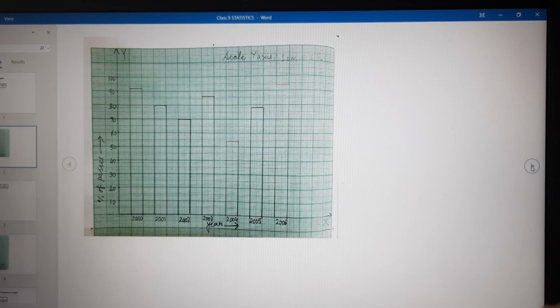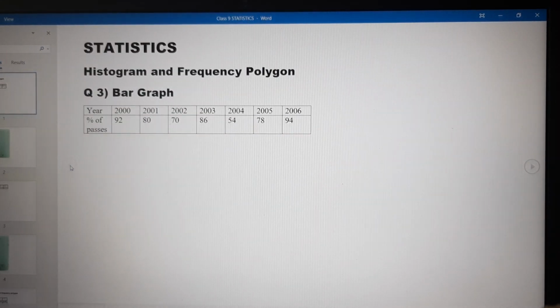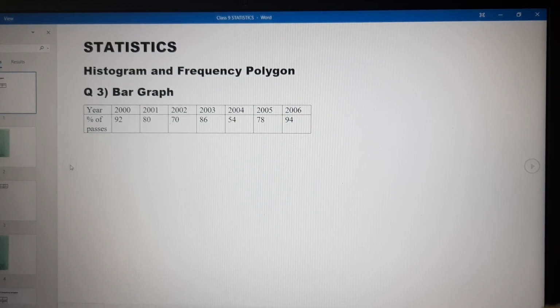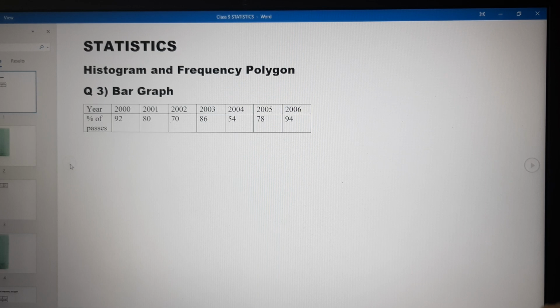Clear? You all have drawn bar graphs in your previous classes. A bar graph is a graph in which one axis will be fixed and on the other axis we'll show the variables. Are you getting it? As you can see, question number 3 I have taken from your book.